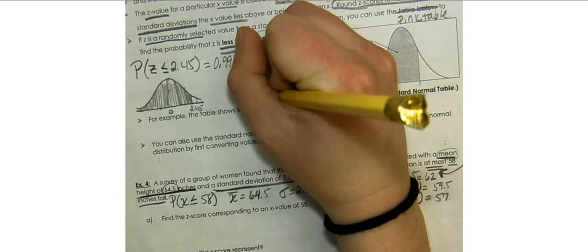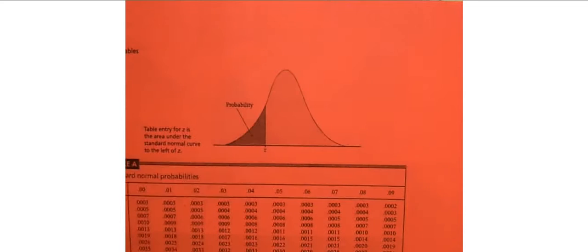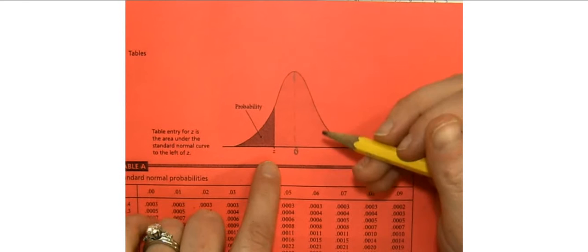And we want it to be less than negative 2.45. So that's a really, really small area. And since our z-score is negative, I'm going to go to where the negative side is. And notice that right here is about where your mean is. And your z value is on the other side. It's a smaller portion of it. So these are your negative z values.